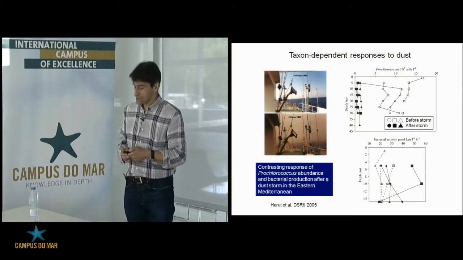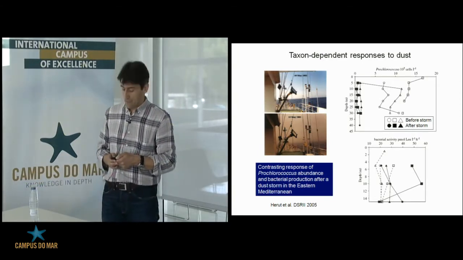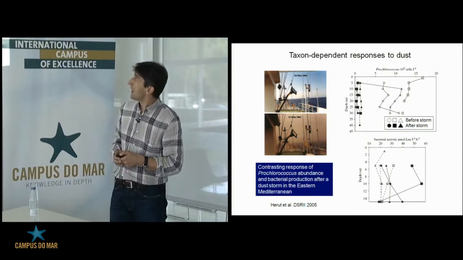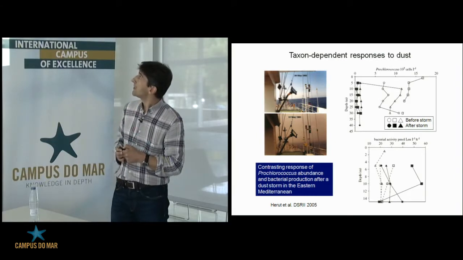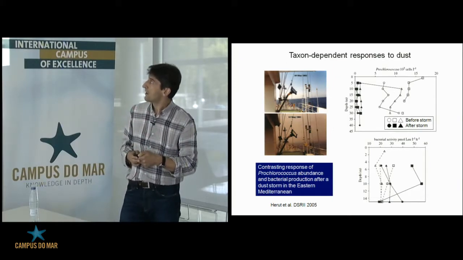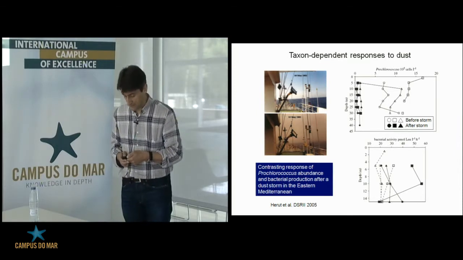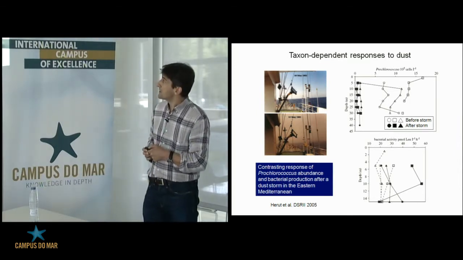This has been also seen in the Mediterranean Sea. This is Barak Herut's work. He found, basically, that after a heavy dust storm, the abundance of Prochlorococcus decreased dramatically. But on the other hand, bacterial activity, in terms of the uptake of a substrate, increased.